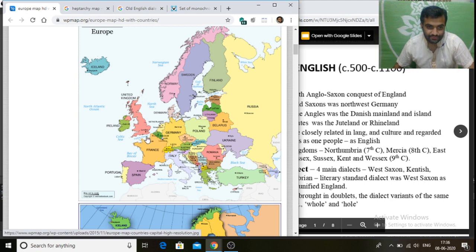The English Channel is a very small channel, about 33 kilometers wide, and England stays separate from the European continent because of it.